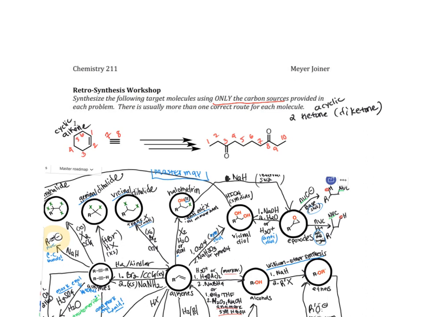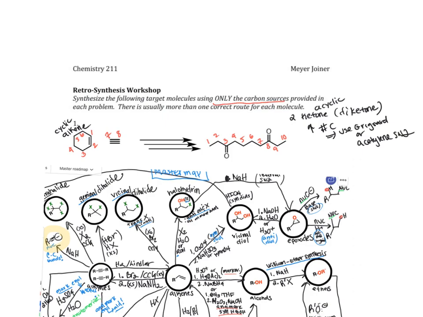So let's get started in planning this. We know that we increase the number of carbons. So that means we have to use Grignard or acetylene SN2, those are the 2 I highlighted.